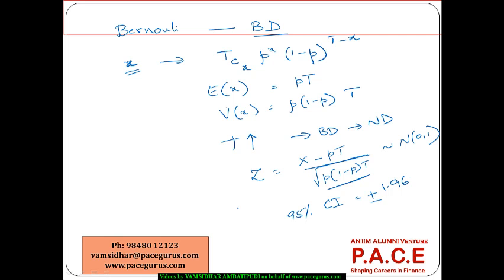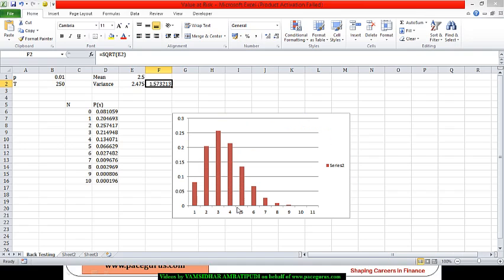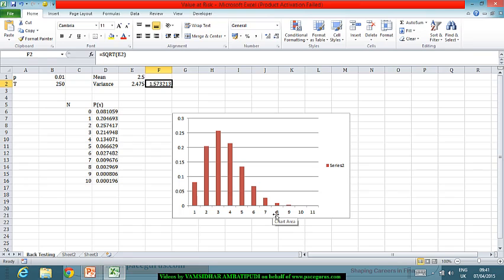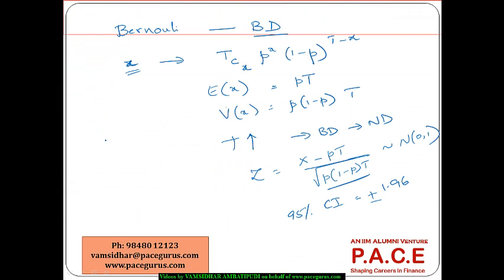Now let's say, for this particular model, I want to look at the type 1 error. What is the type 1 error? Here we are talking about the probability of rejecting a correct model.